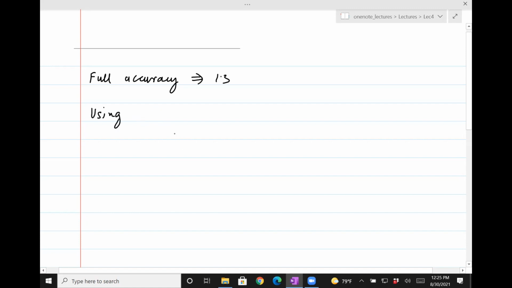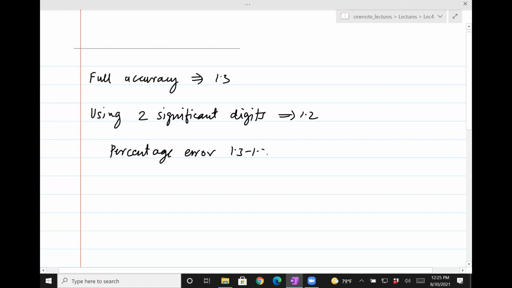Using 2 significant digits, we got 1.2, and so the percentage error is going to be 1.3 minus 1.2 divided by 1.3 times 100. So that's about 0.1, 0.3 times 100, which is about 8%.